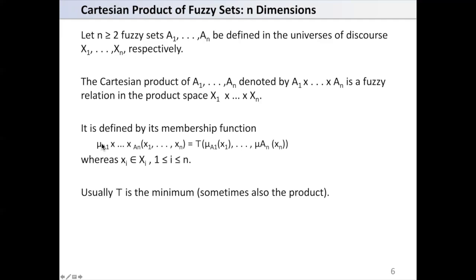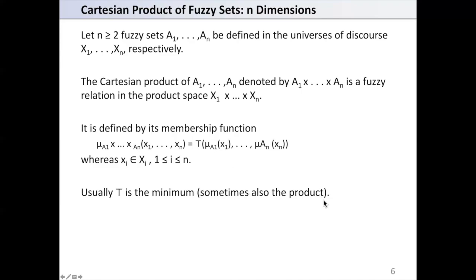We have a membership function on the Cartesian product for each tuple, and it is defined as a function of the membership values, where xi is an element of the universe of discourse Xi, i from 1 to n. Usually, for the Cartesian product, this t is the minimum of the membership functions.